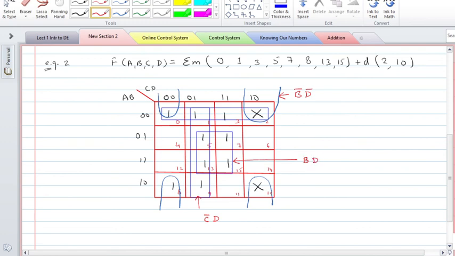So B D. And for this particular group, AB is constant, so A bar B bar.